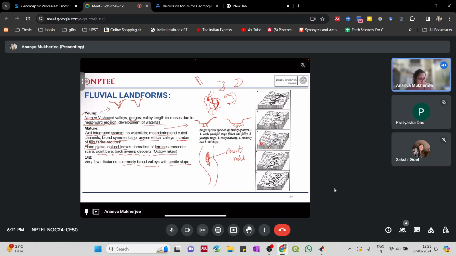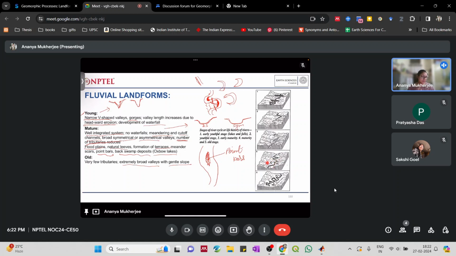When the mature stage is starting to form, you can see that there are few tributaries still present over here, which are supplying the water to the main channel, and the main channel starts to flow in a sinuous pattern. Then at the mature stage, it is mostly meandering in nature, and you can see that one part of this meander is cut off from here, forming the oxbow lake.